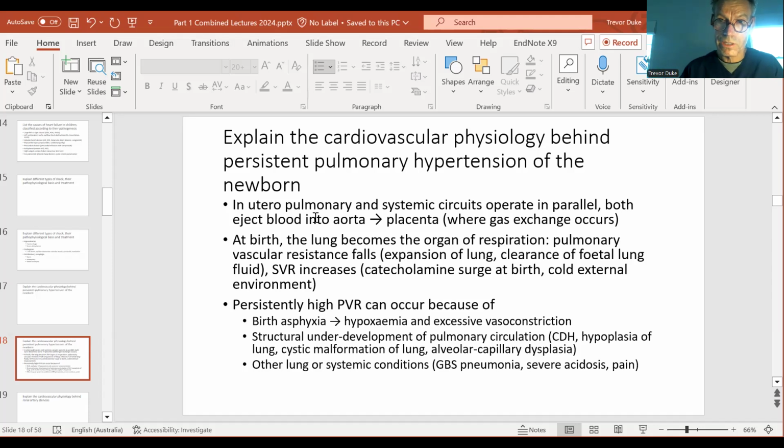The relative hyperoxic environment of life after birth leads to a massive drop in prostaglandin secretion, and that leads to the duct closing. Now remember, prostaglandins are mostly vasodilatory, and in the absence of prostaglandins, the ductus arteriosus usually closes.